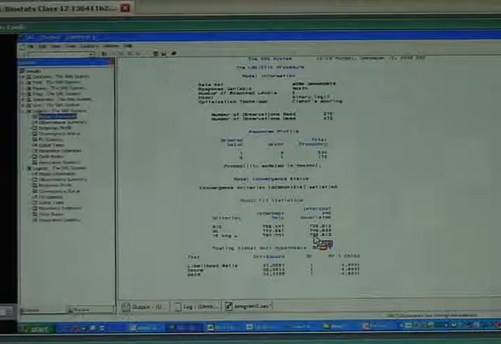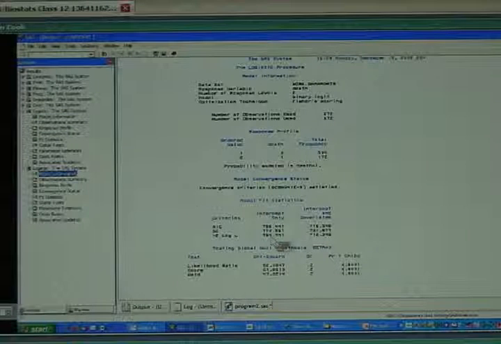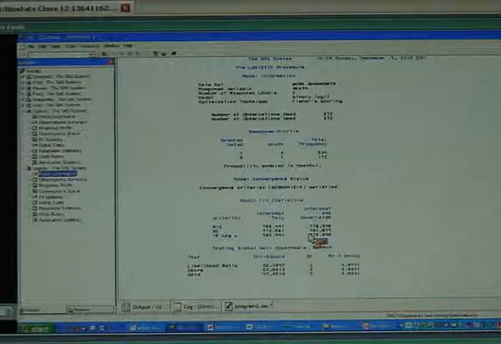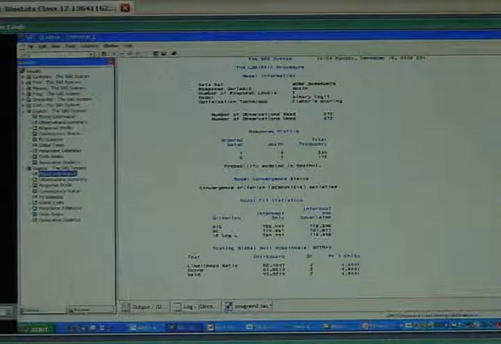Notice if I go back to the previous model, the model with just the Ohana variable, it went from 764 to 732. Now, in the model with two covariates, it's gone from 764 even lower, down to 712.